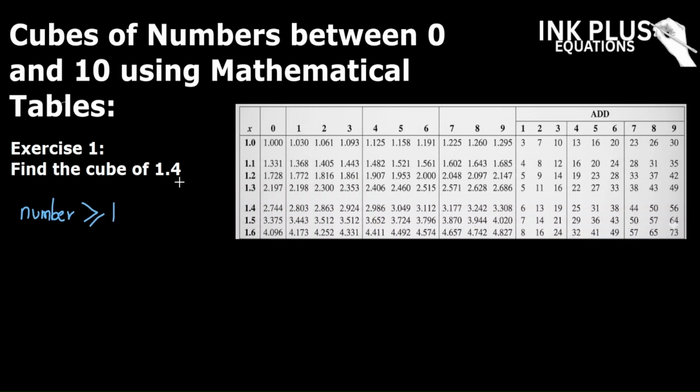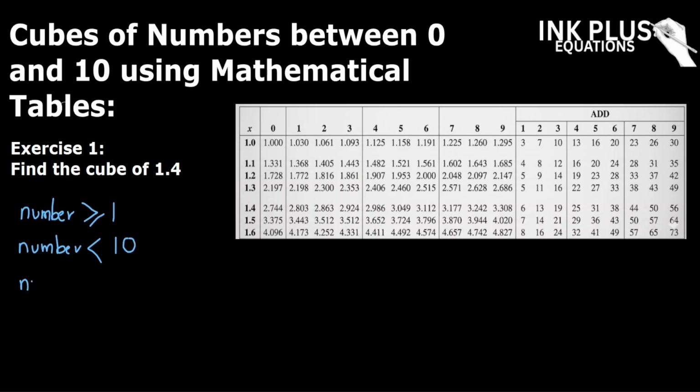So 1.4. Is 1.4 greater than or equal to 1? Yes. But if the number was, for example, 0.2 or 0.5, then we cannot apply this rule. So whenever you're told to find the cube of a number, the number must be greater than or equal to 1, and the number must also be less than 10.